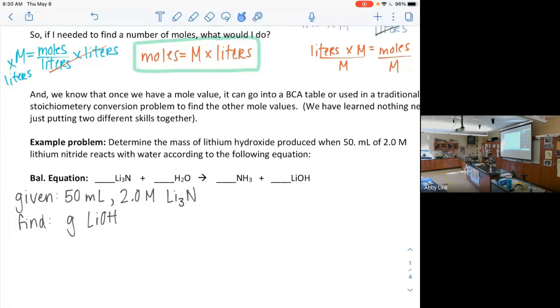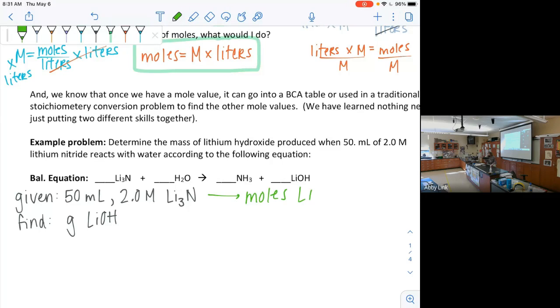And then what I'm thinking is we have molarity and liters, so we can use that to solve for moles of Li3N, using molarity. And then you are all capable of going from moles of Li3N to grams of LiOH. That's the process we're about to take. Don't worry, I'm going to show you every step.